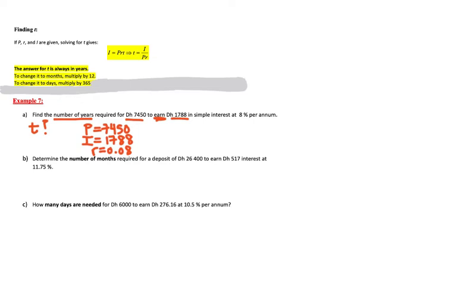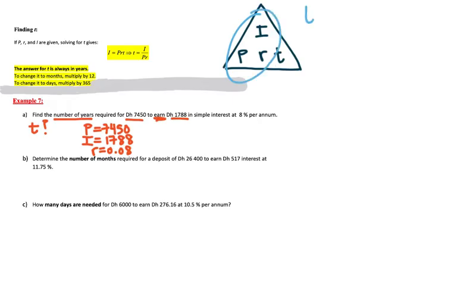So again, if T is missing, we are going to make this triangle. Interest equals PRT, and in this case the T is missing, so we can see that the equation is I over PR.